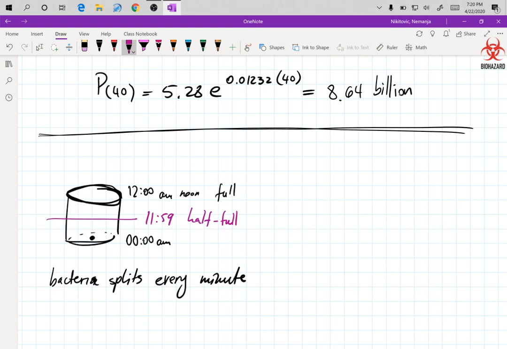If it's full at 12 and every bacteria splits, then a minute before the end, you had to have at 11:59 the bottom filled with bacteria, and then when each of those bacteria in the lower half splits into two, it just fills up the second half, and you have the full dish. Now, there's a growth period and all that kind of stuff, but we're going to ignore that.